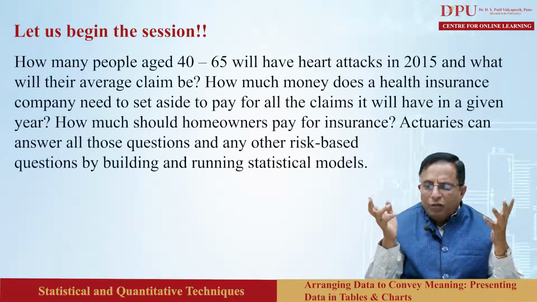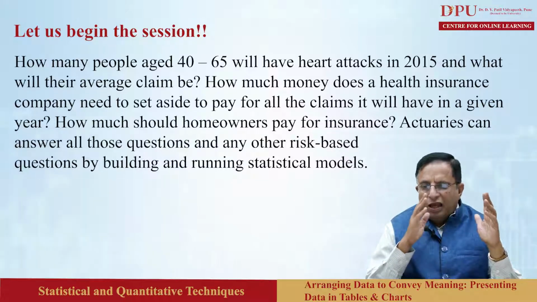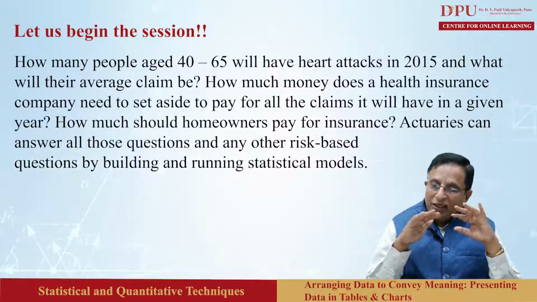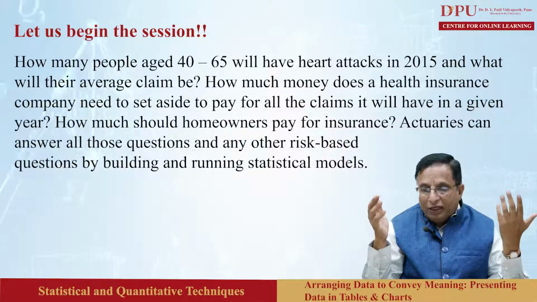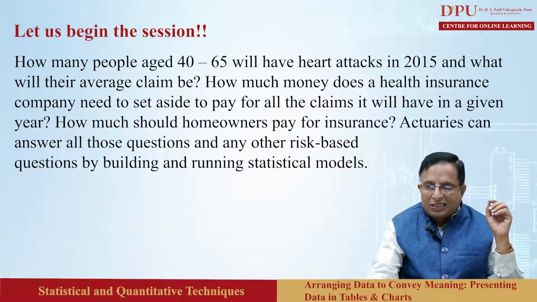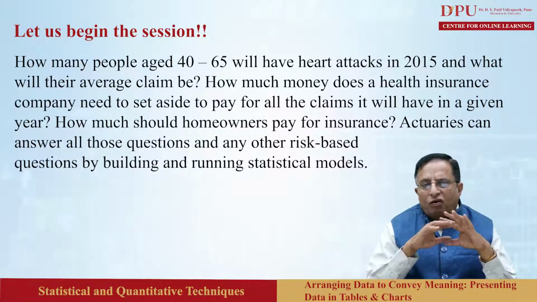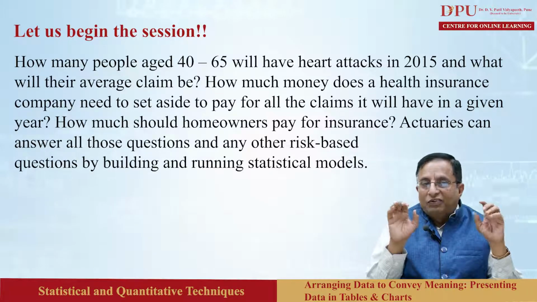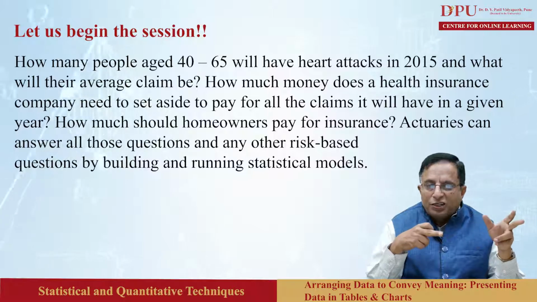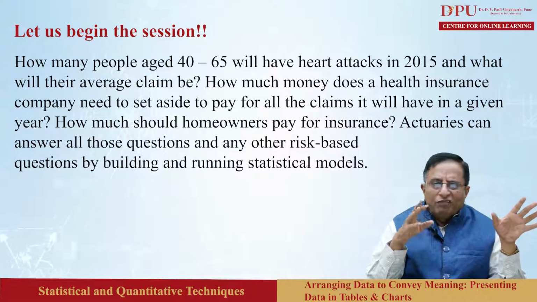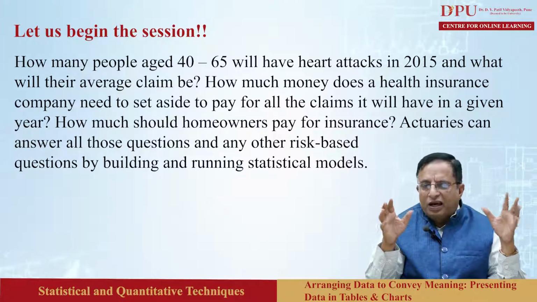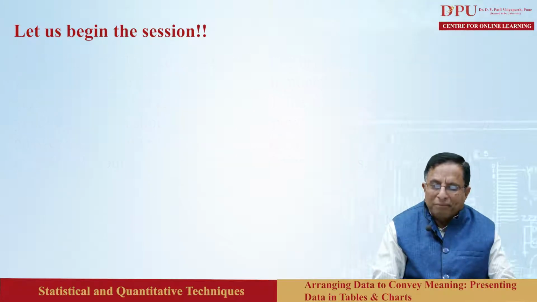How many people aged 40 to 65 will have heart attacks in 2015 and what will be their average claim? How much money does a health insurance company need to set aside to pay for all the claims it will have in a given year? How much should hometowns pay for insurance? Actuaries can answer all of these questions and any other risk-based questions by building and running a statistical model.